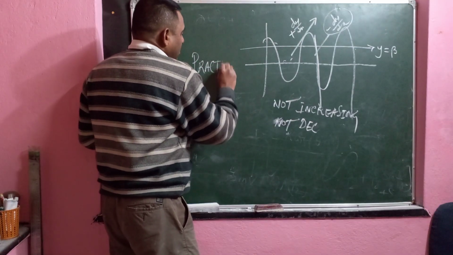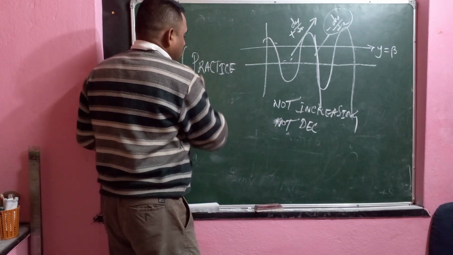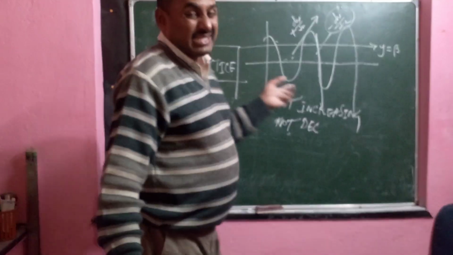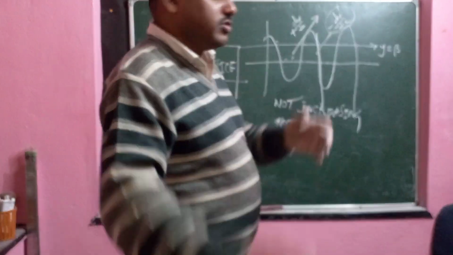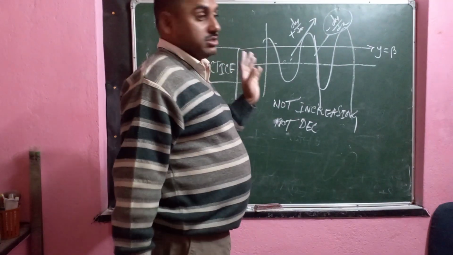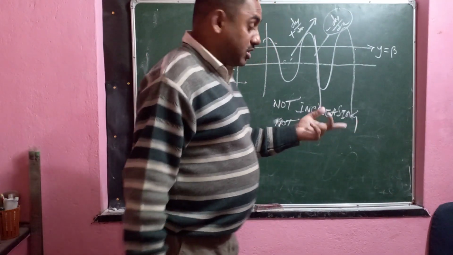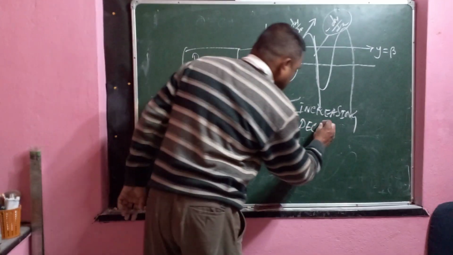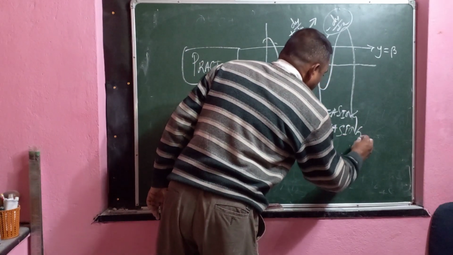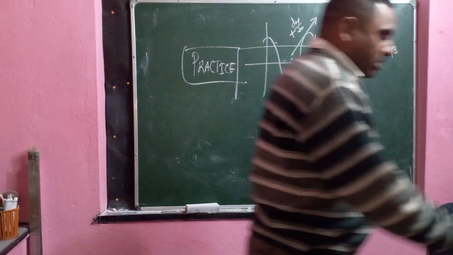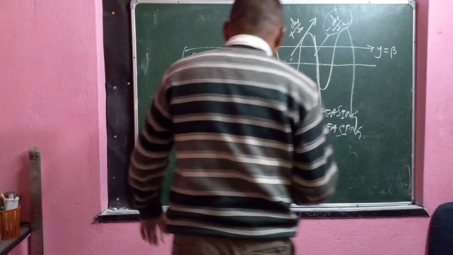Practice is important. You have to practice JEE Mains and JEE Advanced questions, and their type of questions, very regularly with proper concepts. In multiple option correct, you have to check all the way, increasing or decreasing, because whatever we got, for example, we got this kind of function, right?